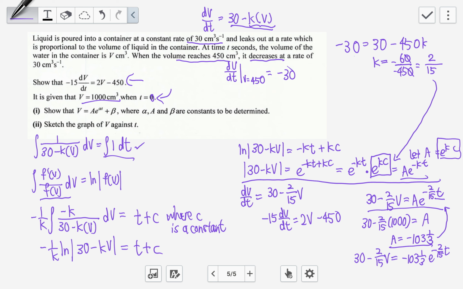The a here happens to be the same. So then we will just find what our v is in that format.